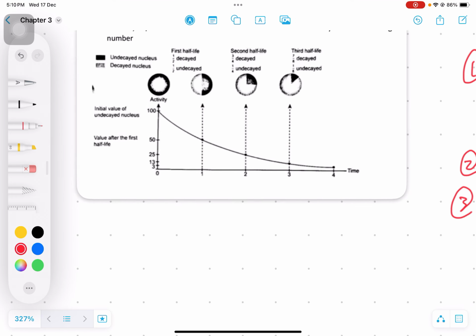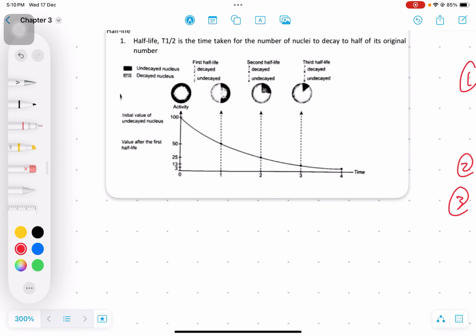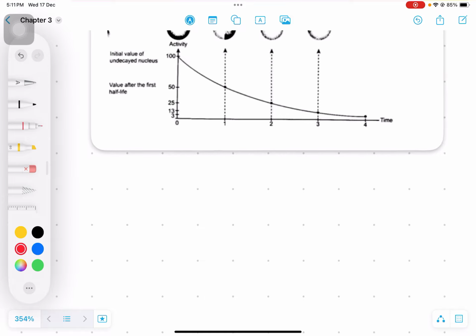Okay, so what is half-life? Half-life, you can say, is because we don't know when the radiation occurs. As I already said, if the isotope is unstable, it will emit energy, alpha particle or beta particle radiation. But we don't know when it will come out because it's quite random. So how we understand and calculate it is because there's a pattern.